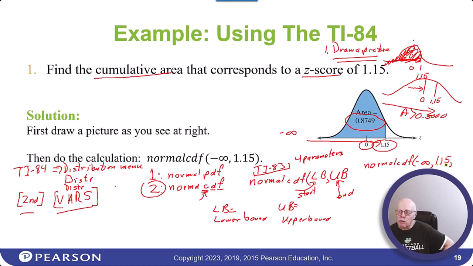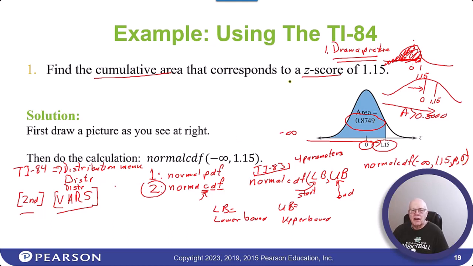Now I said there were 4 parameters and I've only put 2 in. There are 2 more because remember I said there are many normal distributions. If it's not the standard normal distribution, we have to tell it what the mean and standard deviation is for our normal curve. So the third option is the mean, and the fourth option is the standard deviation.